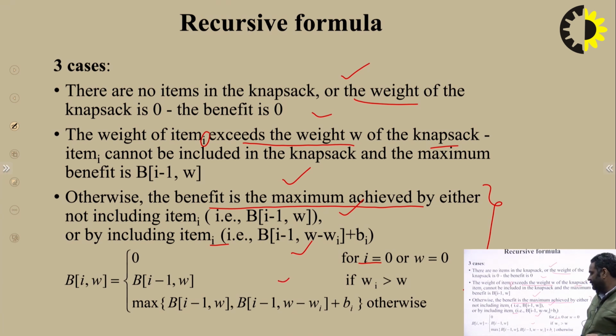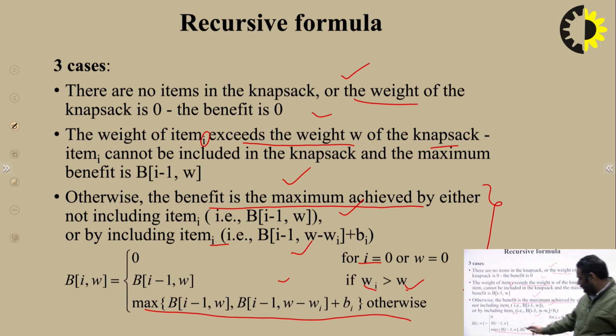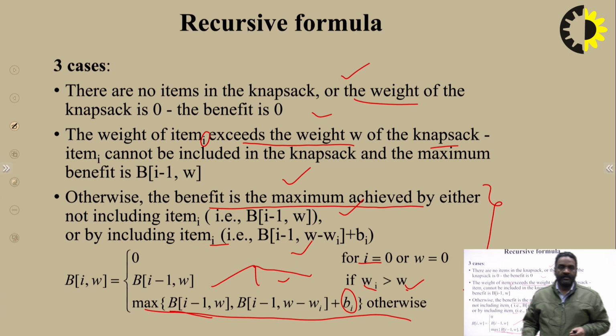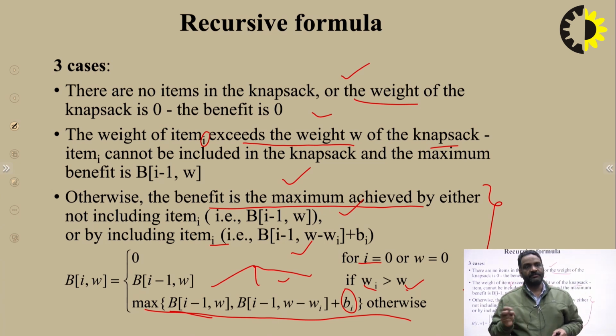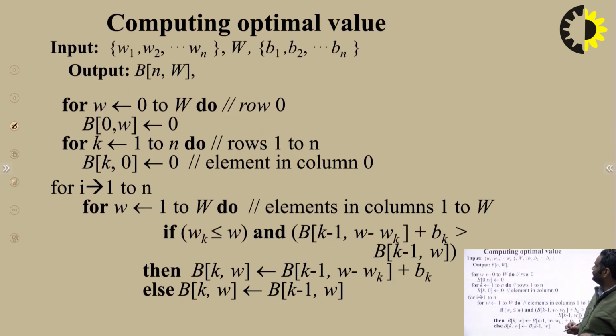In the second, B[i-1, w] if wi is greater than the capacity of the knapsack. In the third case, we take the maximum among these two values, either the previous value B[i-1, w], or B[i-1, w-wi] plus bi, where bi is the given item's benefit. So these are very complex equations. Let's see how this can be solved.